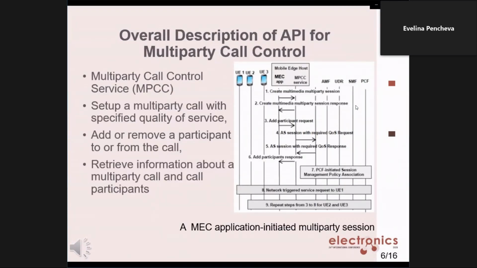We propose a new mobile edge service called Multiparty Communication Control. The service provides open access to multi-party call control for mobile edge applications.